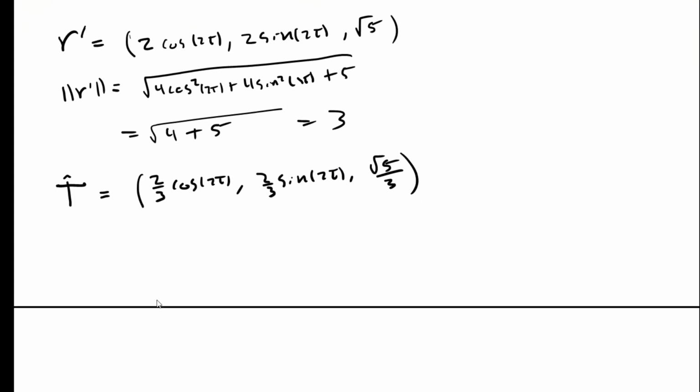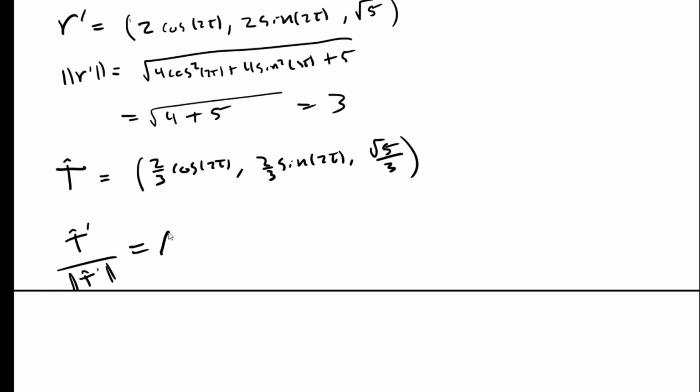The normal vector was dT over the norm. Let me write it as prime. So that's T prime over the norm of T prime. So that's going to be the normal.